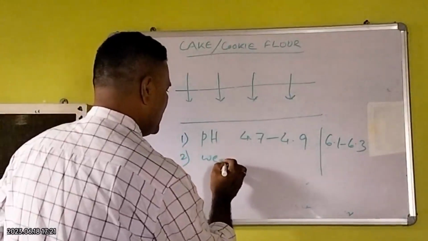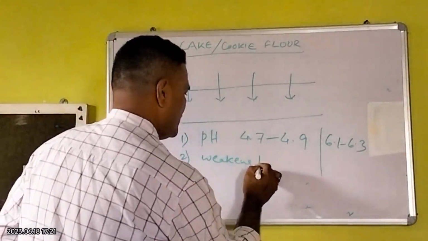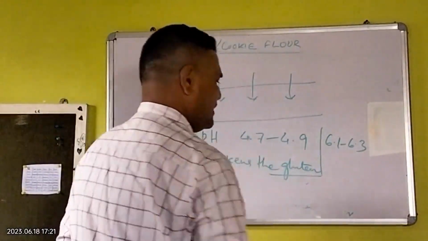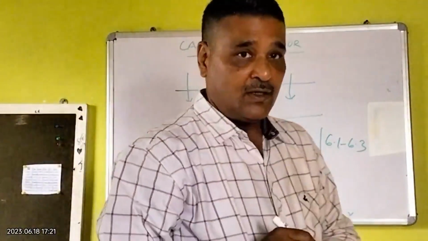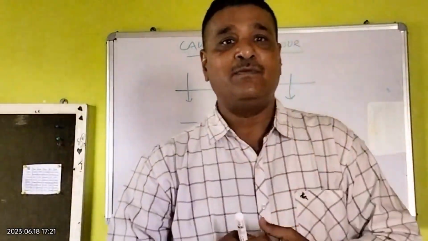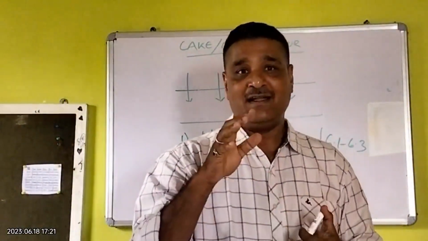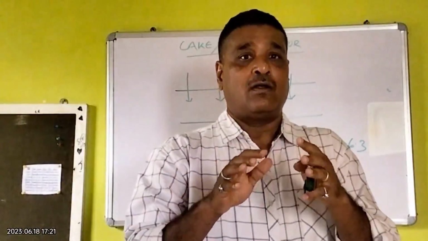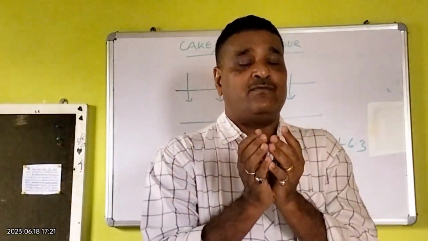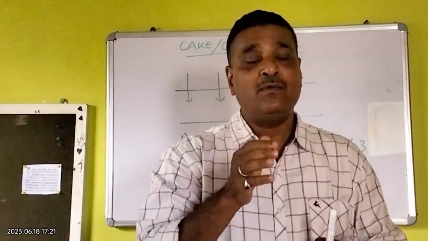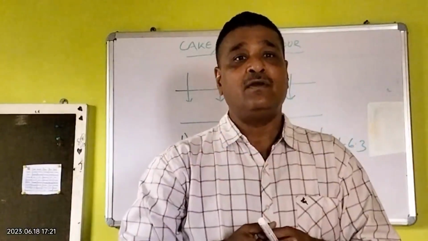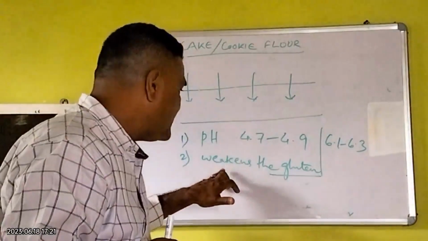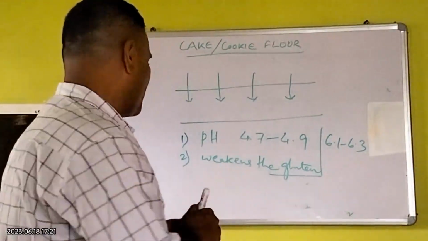It weakens the gluten because in a cake or a cookie system, you do not require a very well developed gluten. Why? Because the fat and the sugar are enveloping or surrounding the flour water mixture, and it is not allowing the protein or the gluten to develop. We do not require a high gluten development. Hence, this weakens the gluten.